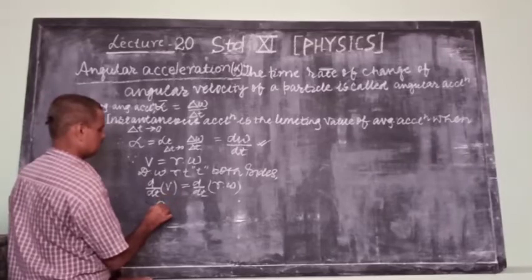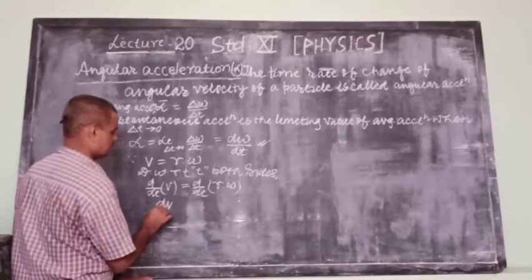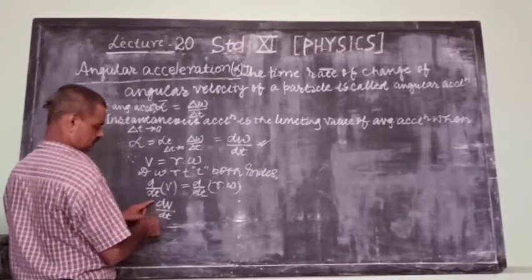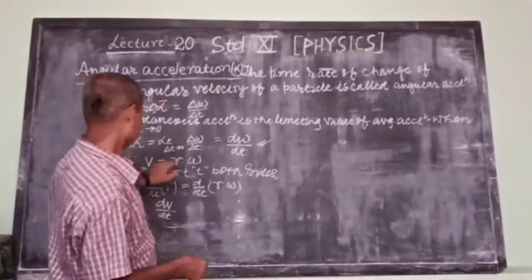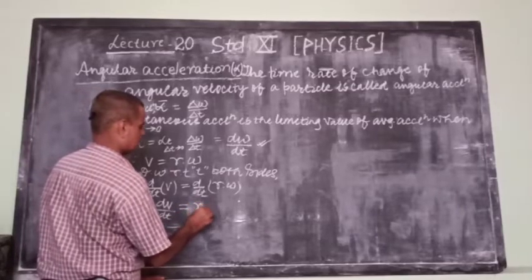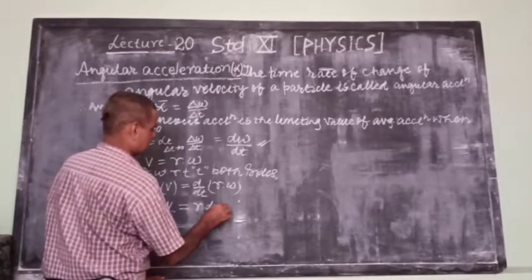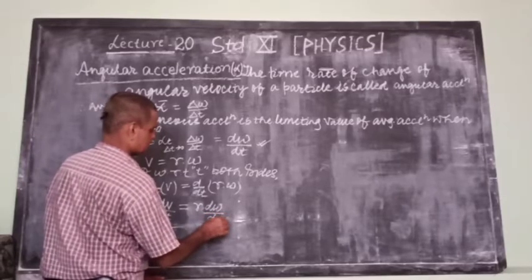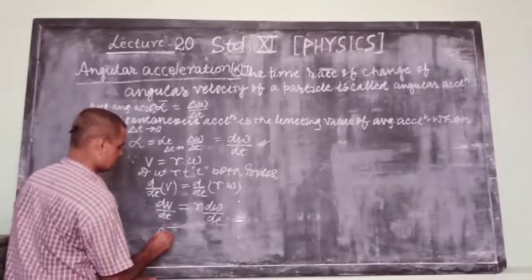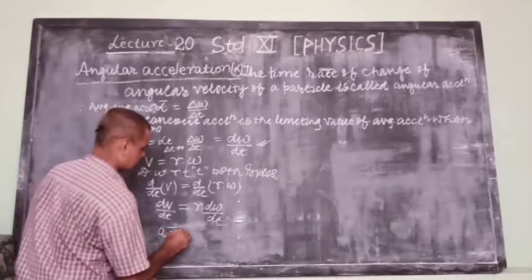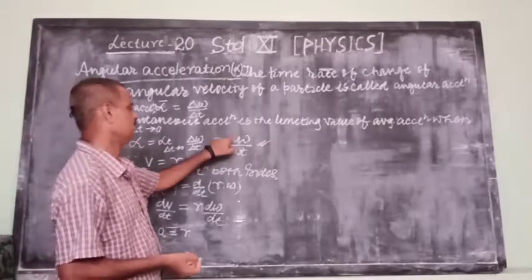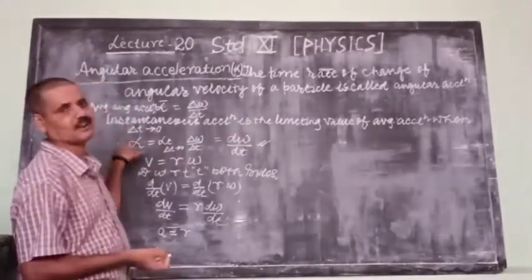This can be written as dv by dt, the rate of change of velocity, is equal to r, which is constant, times d omega by dt. Here dv by dt is the linear acceleration, and d omega by dt is the angular acceleration.